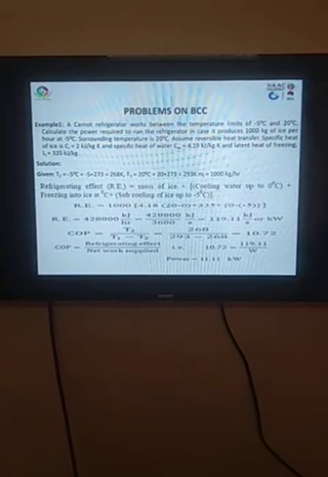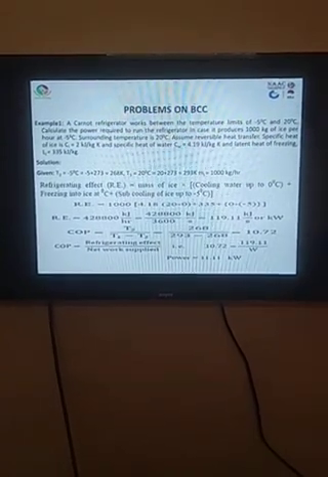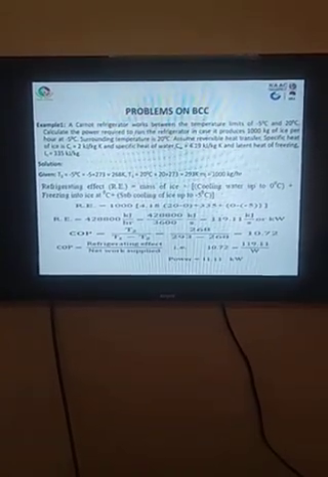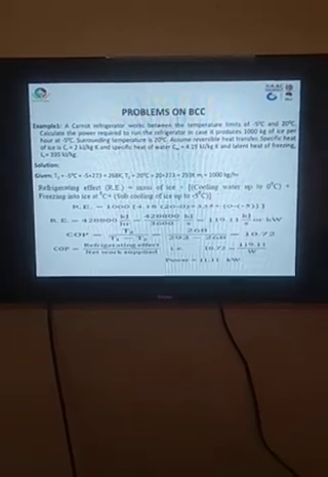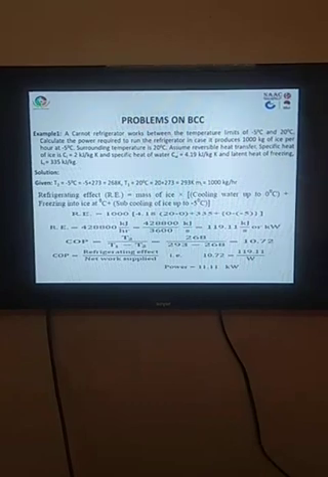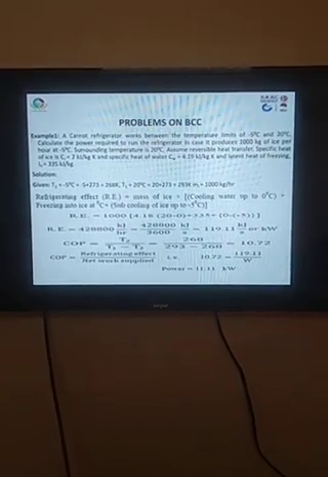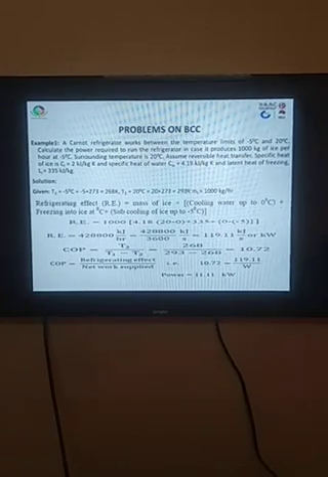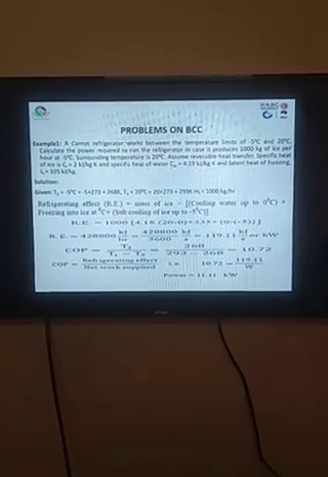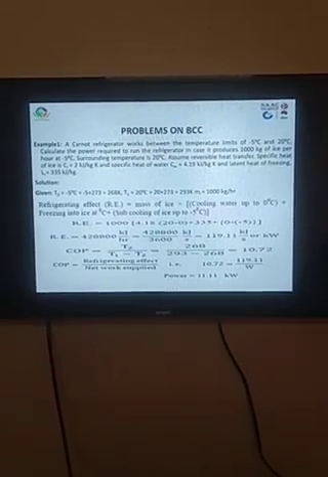First of all, the water, which is at room temperature, nothing but at 20 degrees centigrade, needs to be cooled to 0 degrees centigrade. So that heat we have to extract or remove. Then that 0 degree centigrade water, which is in the liquid state, needs to be converted into the solid state. That is nothing but the freezing of ice.